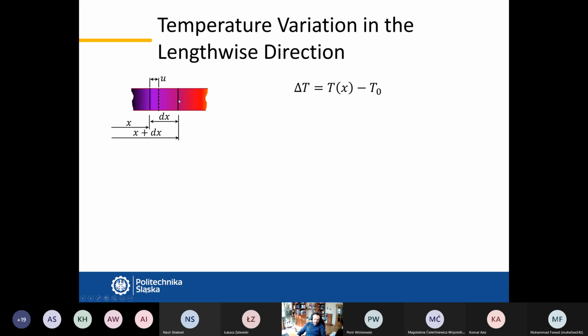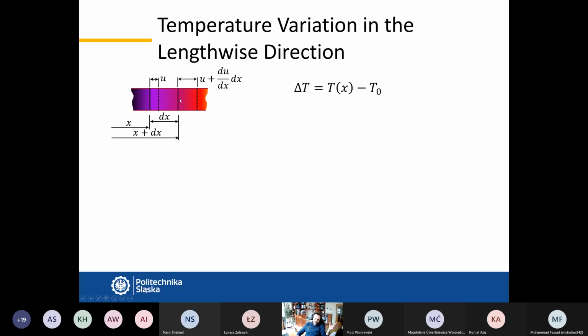But now we look at a slightly longer piece of material. The previous one was x, and now we have x plus dx. Of course, only slightly more, but this piece of material also extends, so the elongation will be bigger.